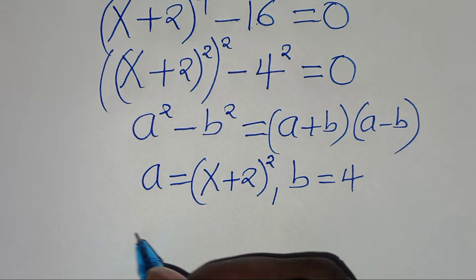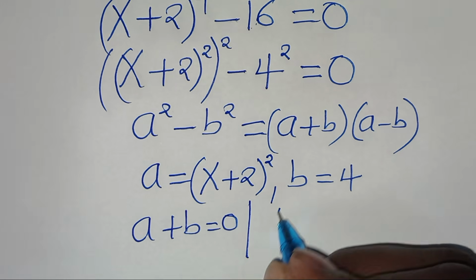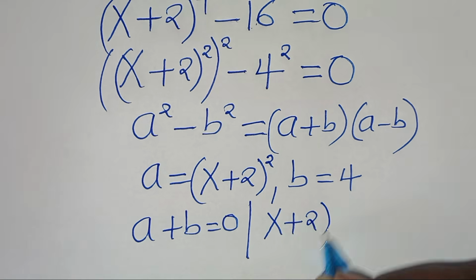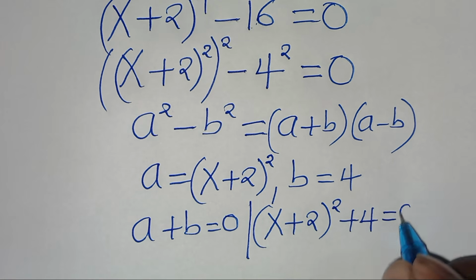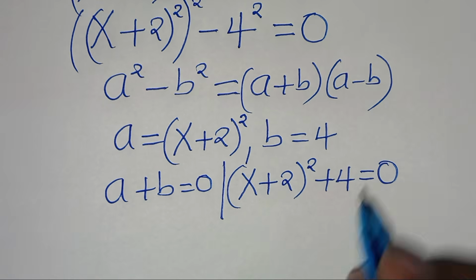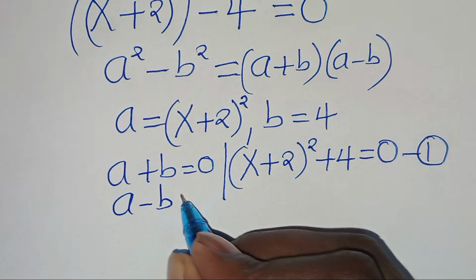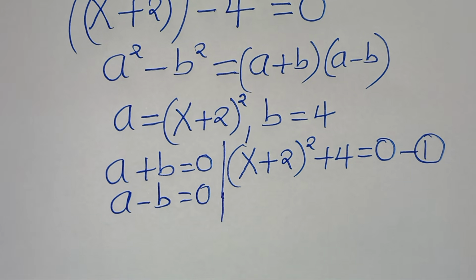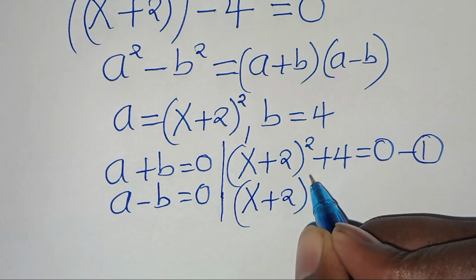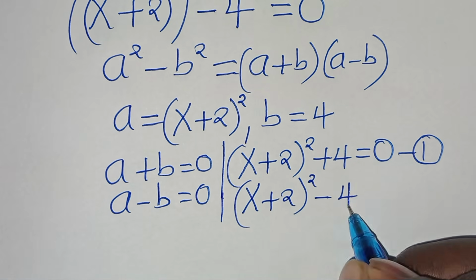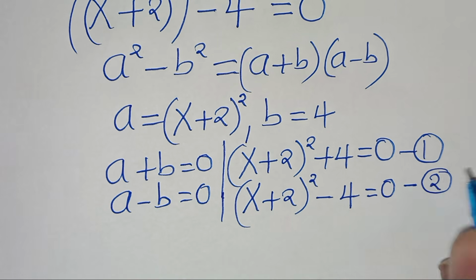So a + b equals 0 is the same thing as (x + 2)^2 + 4 equals 0. Let's call this case 1. Then we have a - b equals 0, so (x + 2)^2 - 4 equals 0. Let's call this case 2.